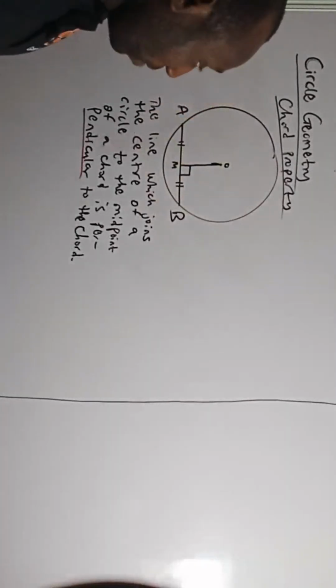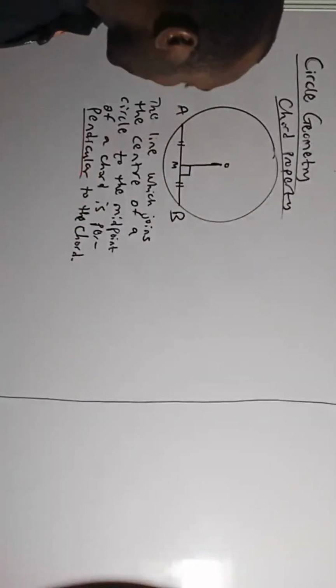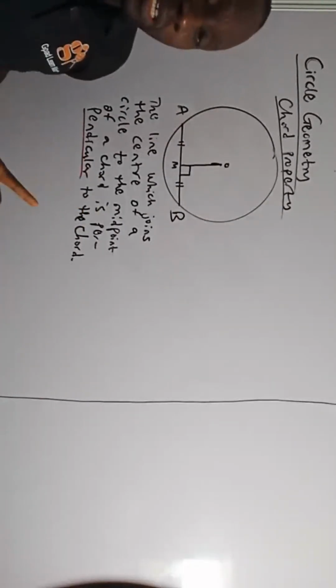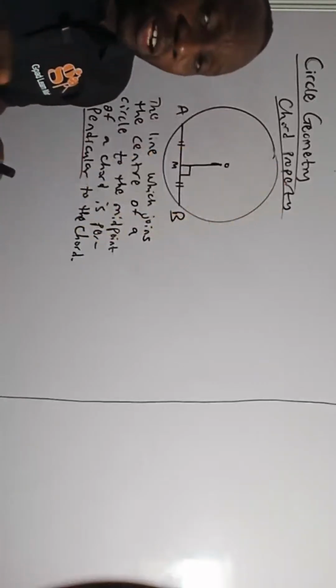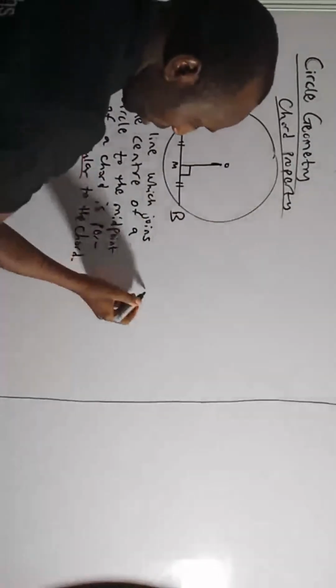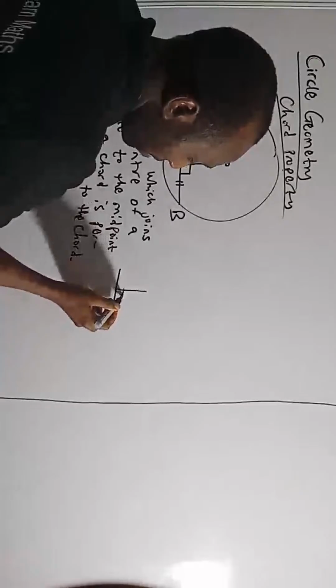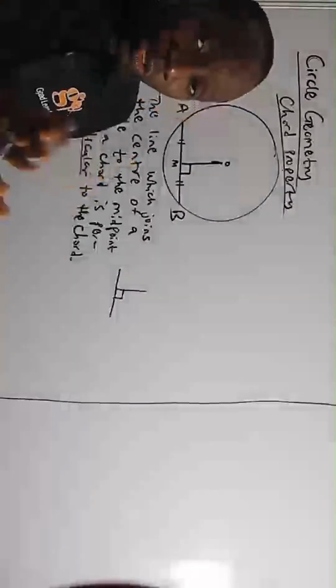So I just discovered that you could not hear me, but sorry about that. I'm back now. Now I just used the word perpendicular. When you hear the word perpendicular, it happens when one line forms an angle of 90 degrees with another line. For example, if you have this and you have an angle of 90 degrees, these two lines are perpendicular to each other.